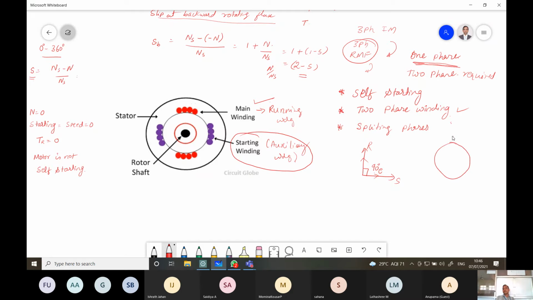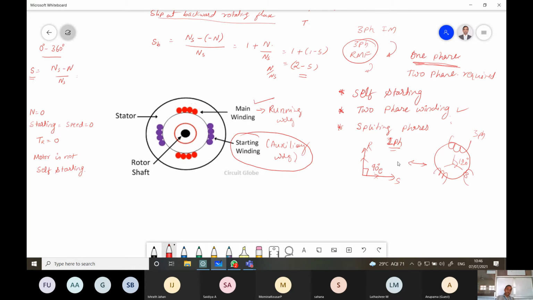In three phase, the windings are provided electrically 120° apart, but in single phase we make two windings provided 90° electrical apart. That is the difference between the construction of a three-phase induction motor and a single-phase induction motor.